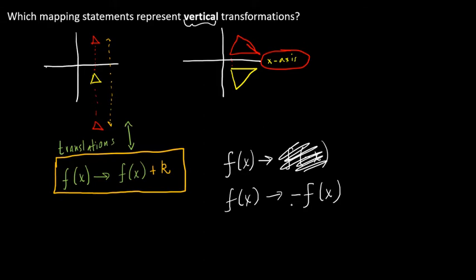So you can see the negative is being applied directly to f of x or y. So what this is doing is changing the sign of all of our y coordinates. Alright, so this is going to be our other one.